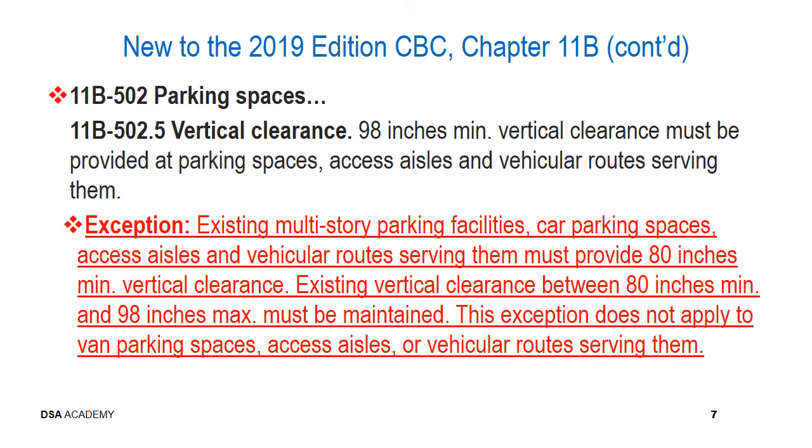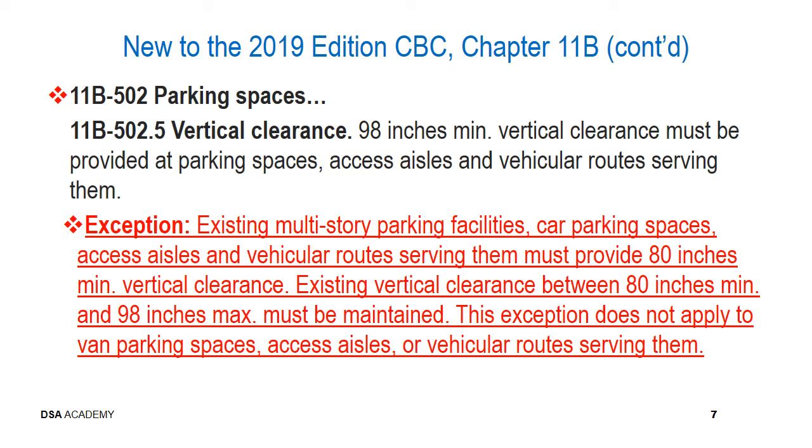An amendment new to Section 11B 502.5, vertical clearance, addresses the issue in existing multi-story parking facilities, the car parking spaces, access aisles, and vehicular routes serving them that must provide 80 inches minimum vertical clearance. The existing vertical clearance between 80 inches minimum and 98 inches maximum must be maintained.